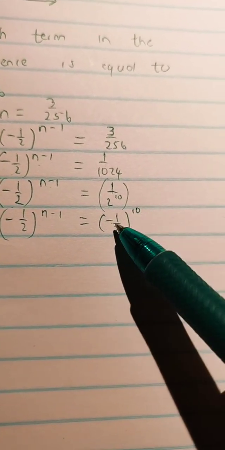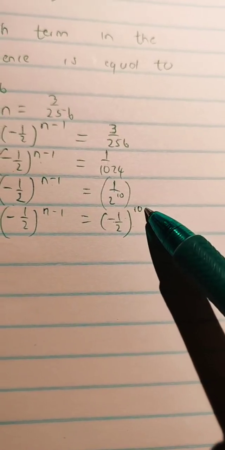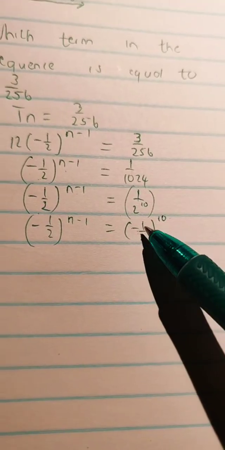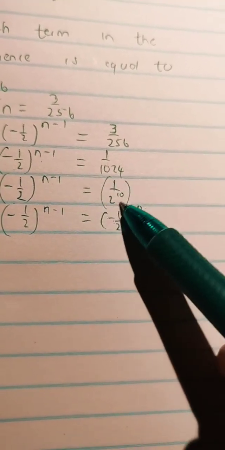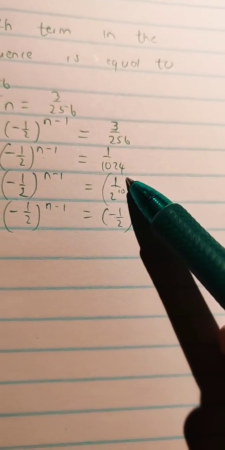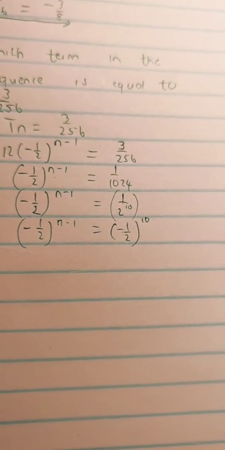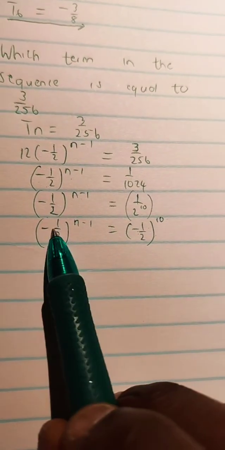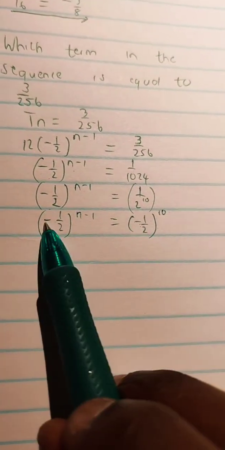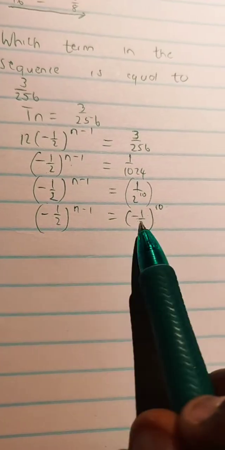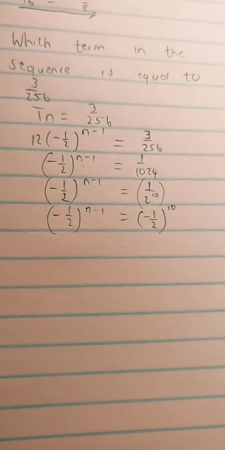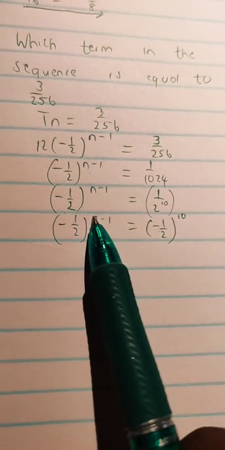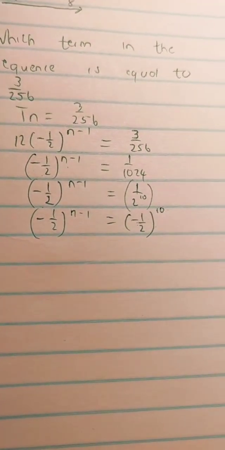Now guys, an even exponent applied to this negative will change it to become the positive that it was initially. These are tricks of the trade that we apply, because what we want at the end of the day is the same base on either side of the equal sign. Why? So that we can then drop the bases and equate the exponents.